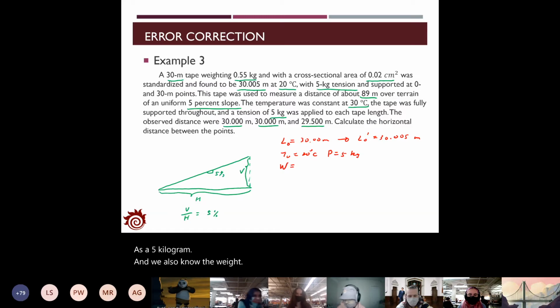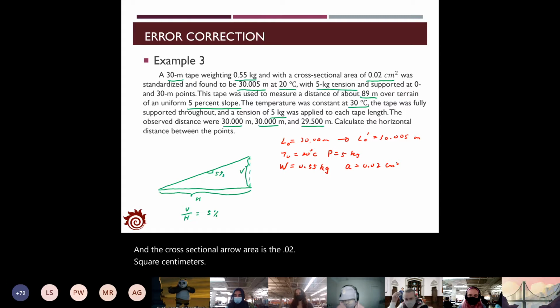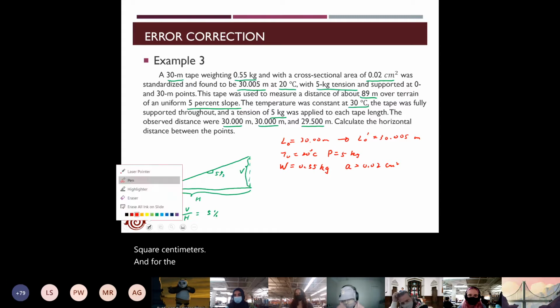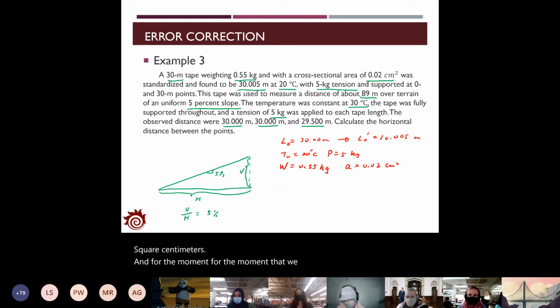The total weight of the tape is 0.55 kilogram, and the cross-sectional area is 0.02 square centimeters.